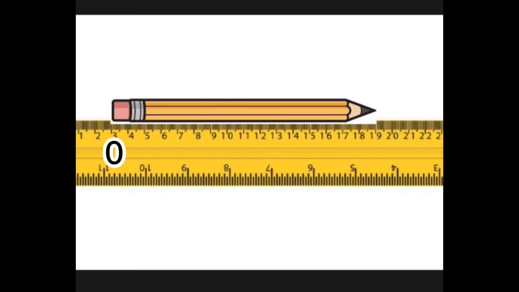So therefore, the starting line, which is the number 3, is counted as 0. So the measurement of the pencil is 16 centimeters, since 1 centimeter is equivalent to 10 millimeters. We just simply multiply 16 times 10 equals 160, so the measurement in millimeters is 160 millimeters.